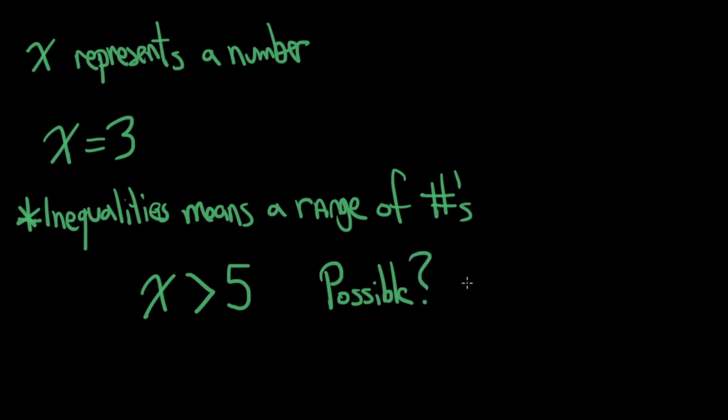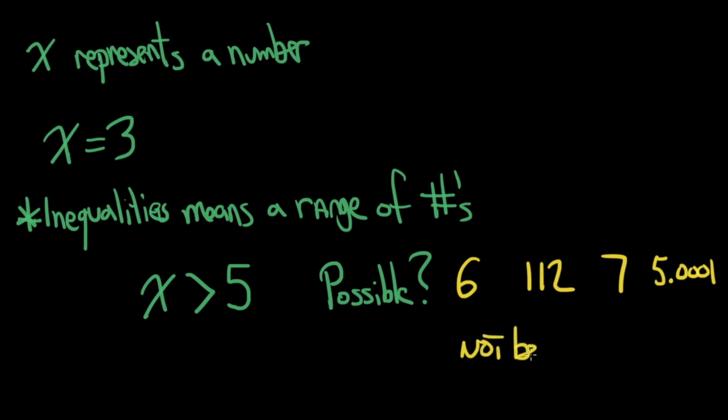It could be 6. It could be 112. It could be 7. It could be 5.0001. What it could not be is 5, because that's be greater than 5. So it could not be 5, but it could be all these other things. And who knows what it is.